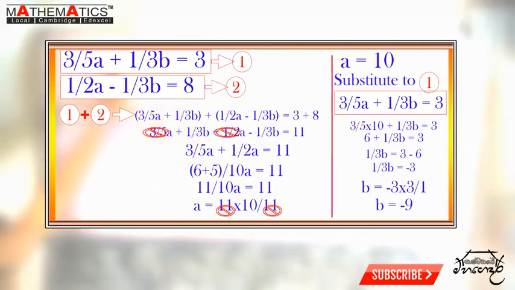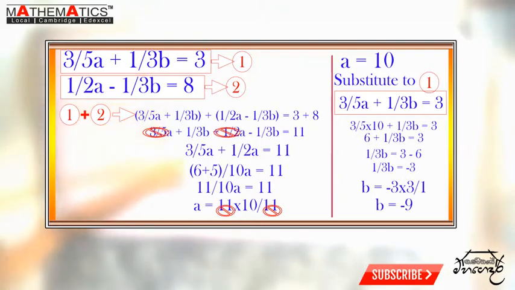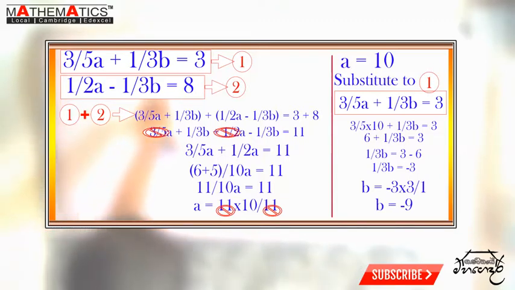Now a is equal to... now you can move this 11 from the left side and the 10 from the left side to the right side. After you move it, you can see it as a is equal to the right side 11 multiplied with 10, and it should be divided by the left side 11.